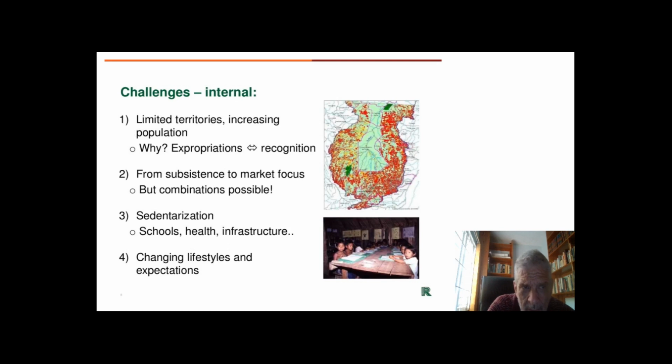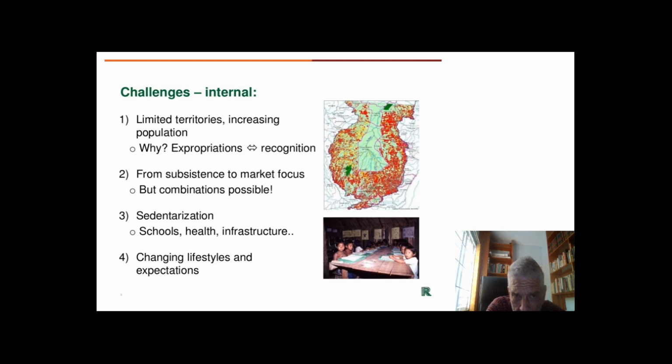There are also internal challenges. You have limited territories where shifting cultivation is occurring and the population is increasing, so these people are less able to sustain their population by traditional means.